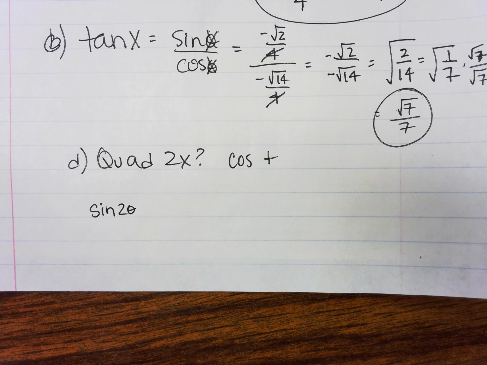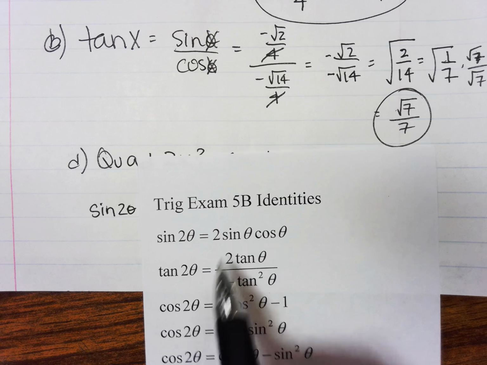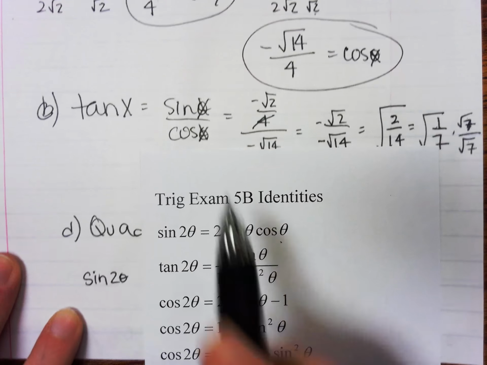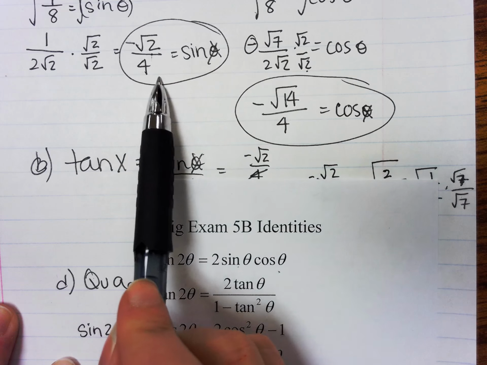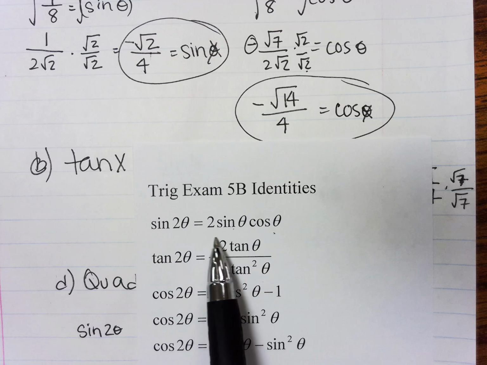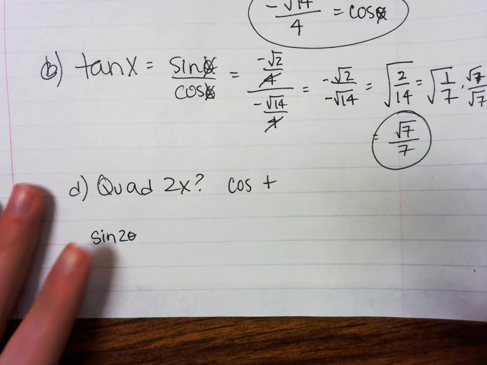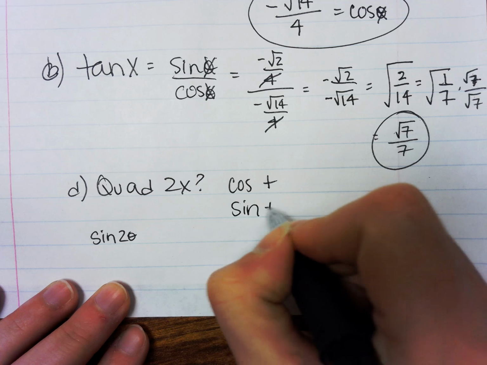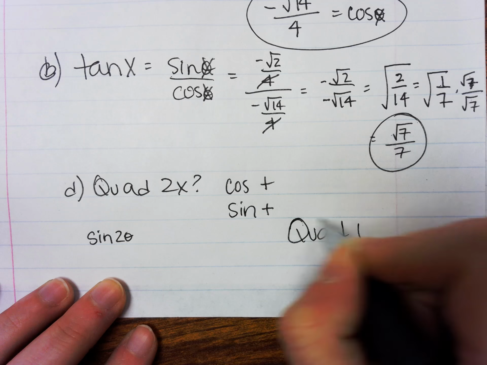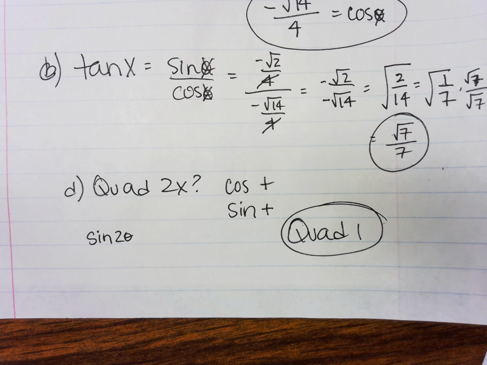So the sine of 2 theta in our trig identities is sine times cosine times 2. So the sine value is negative. The cosine value is negative. If I multiply those two things, I'm going to get positive, and I multiply by positive 2. So our sine of 2 theta is going to be positive as well, which means we're going to be in quadrant 1. So you don't have to compute it. You can just think about and rationally think about how we could get that after we found our sine and our cosine.